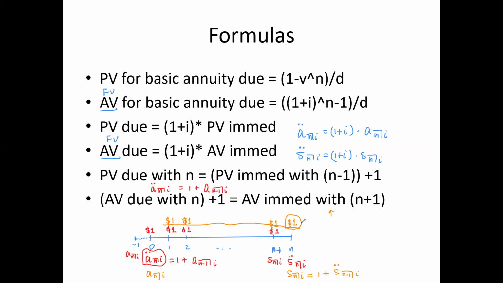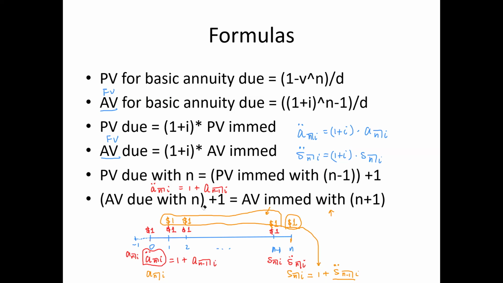The reason is you actually have n minus 1 contributions for this cash flow, and at time n, this is annuity due. You have n minus 1 payments, so you have that, and this $1 is here.